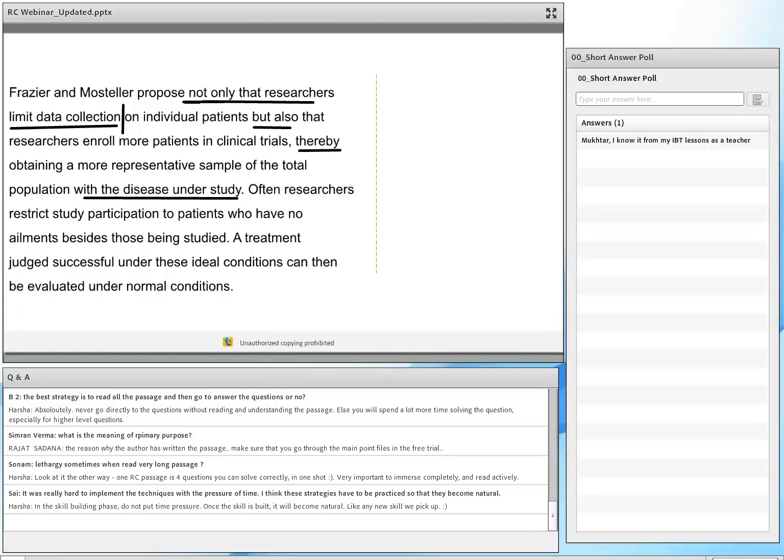That hey, in addition to collecting less data, you also increase the size of the trial. All right, and you get more representative sample of the total population.